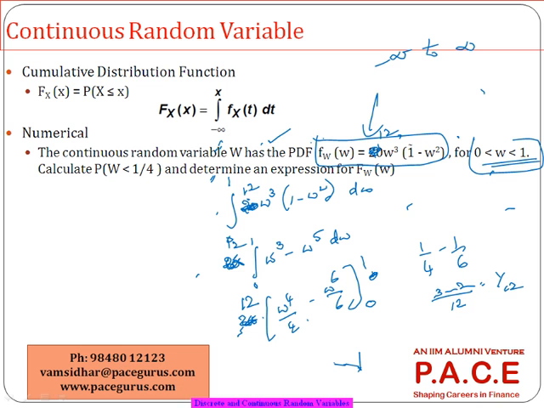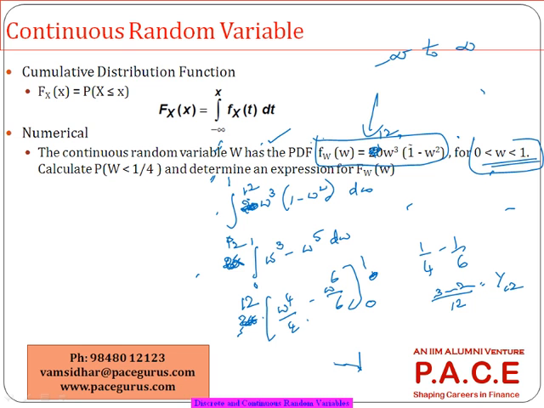Sum is nothing but integration in a continuous case. Because I am talking about the range of 0 to 1, I am saying integration between 0 and 1. This expansion w cube into 1 minus w squared, with 12 instead of 20, comes out to 1.